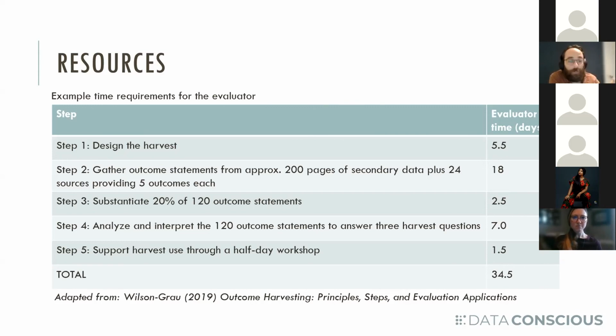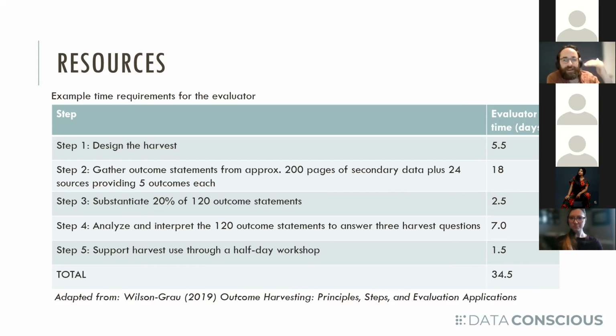So in the example that Ricardo shared, he's saying, well, if you have about 200 pages worth of data to read, and if you have about 24 people that you want to speak to clarify the outcome statements, and if you're looking at roughly 5 areas of outcomes, then it will take probably around 18 days.